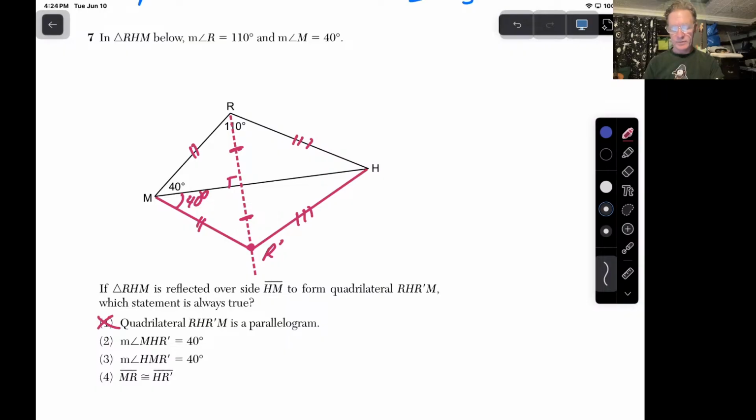No, that's not 40 degrees. Angle HMR prime, is that 40 degrees? Yes, that's correct. And MR is not congruent to HR prime. No, those are not congruent, right? That's this side here and this side here. Those are not congruent.